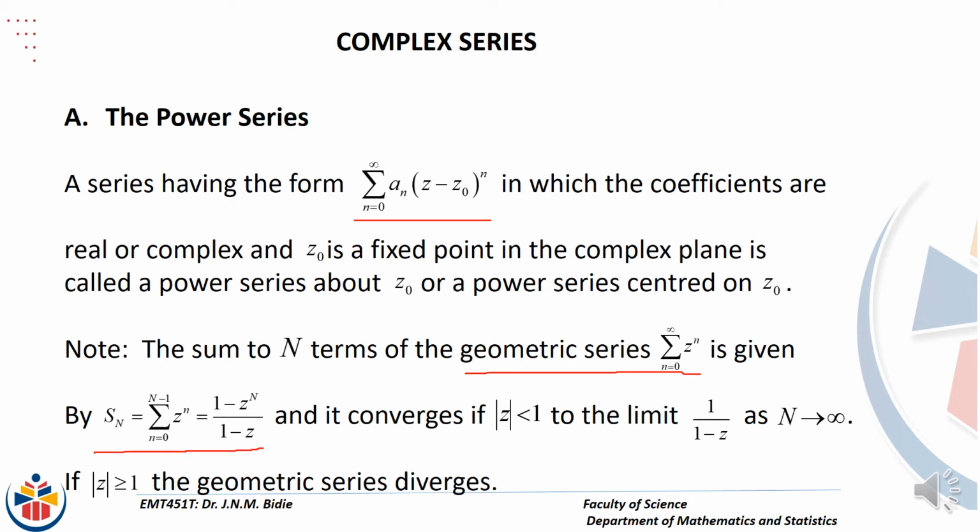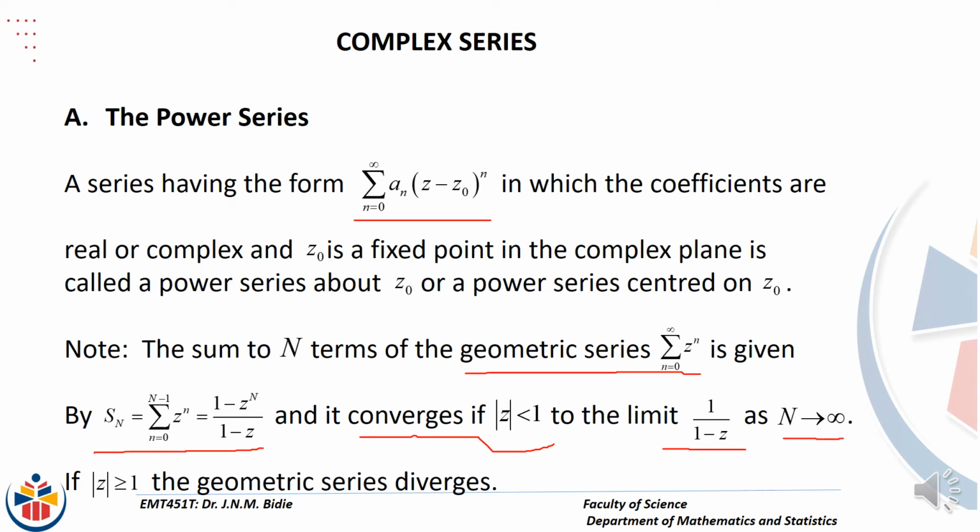And note that this sum to n terms converges if the modulus of z is less than 1. That means the region of convergence is a circle centered at 0 with radius 1, and it converges to the limit 1 over 1 minus z as n approaches infinity.